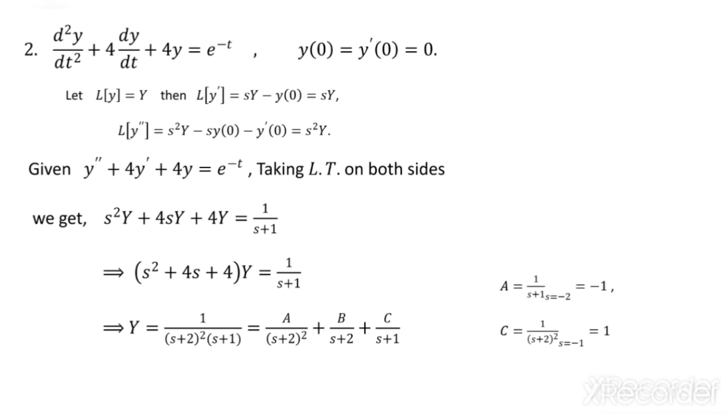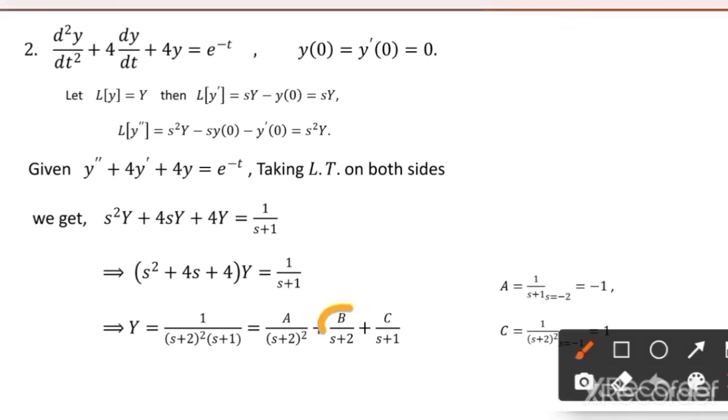Now how to find b? To find b, you can compare the coefficients on both sides. If I take the LCM here, s plus 2 the whole square into s plus 1, we will have a into s plus 1, b into s plus 2 into s plus 1, c into s plus 2 the whole square. If I want b, then the highest degree term with b is s plus 2 into s plus 1, meaning s square.